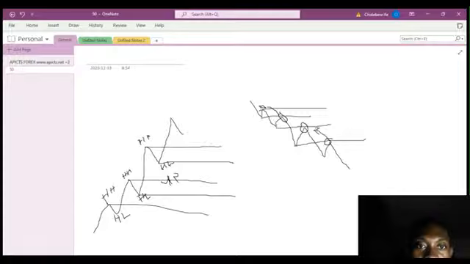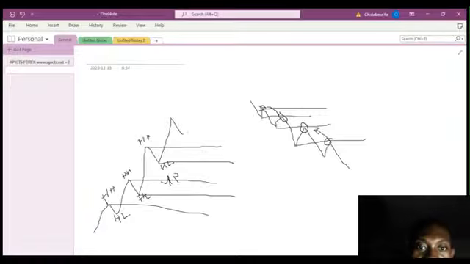So much so that the price can get there in the future and bounce back up, or price can actually do something like this. Come here, then come back, and then go down.